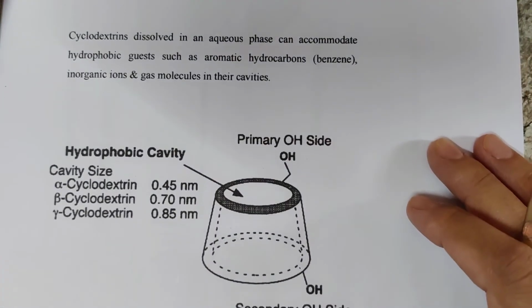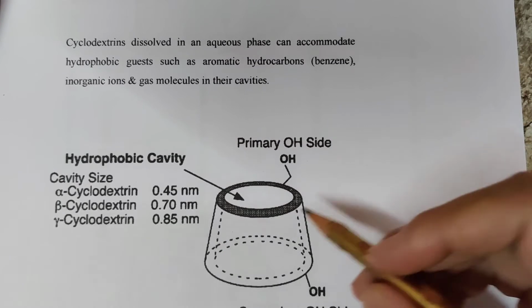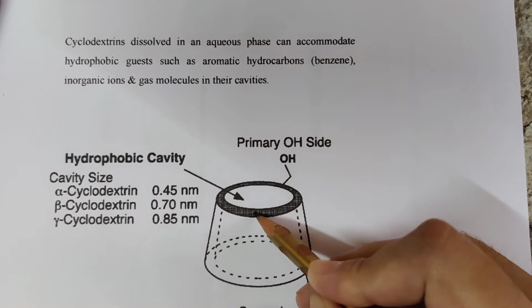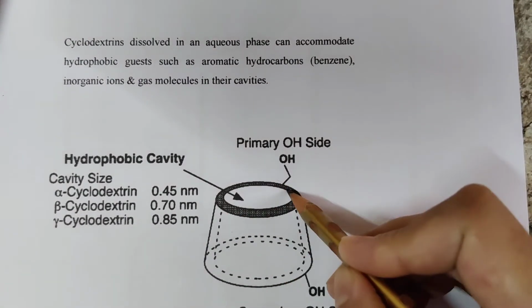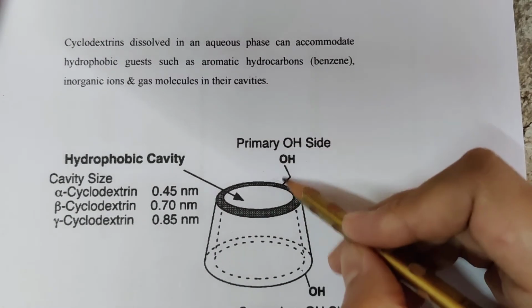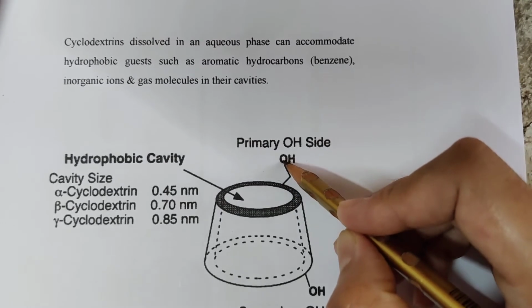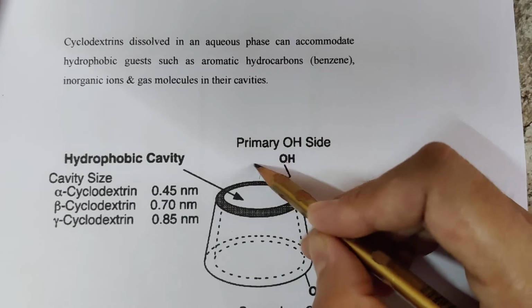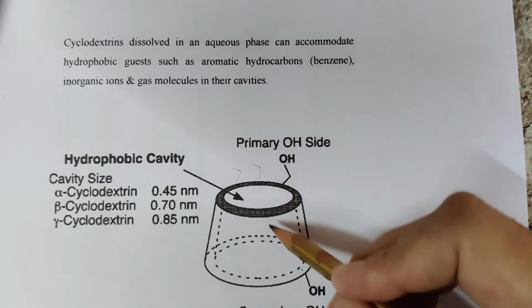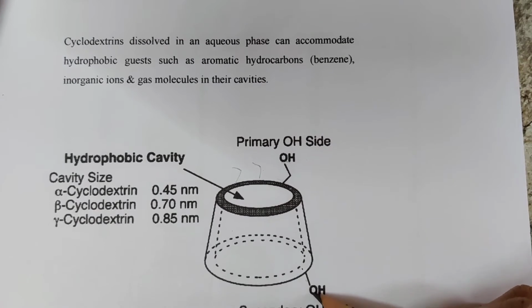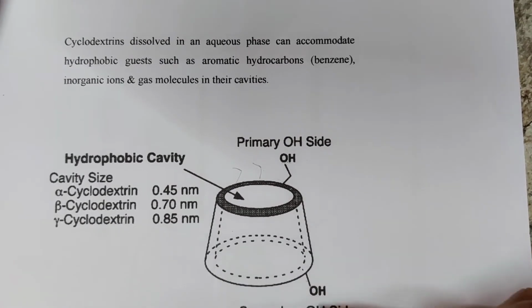Let's move to this. This is the structure of our cyclodextrin, and on this boundary we have primary alcohols connected like this. Only one group is shown in this diagram, but all the hydroxy groups will be attached like this, pointing upward, and the secondary hydroxy groups are pointing downward.